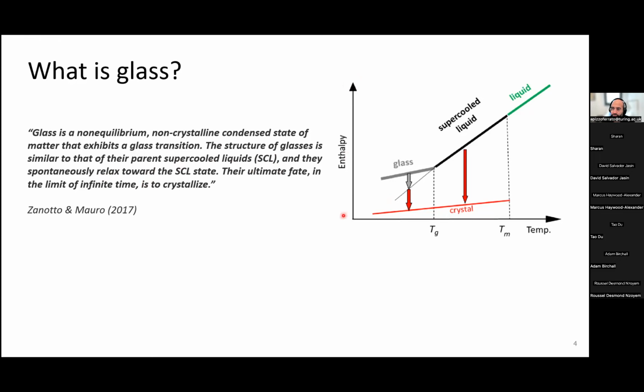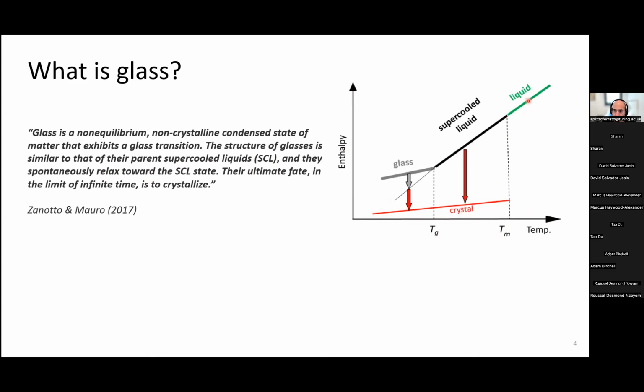So if we try to translate this in terms of enthalpy and temperature, this is a typical diagram to understand glass formation. If I have my raw materials, the typical ones would be sand, soda, and limestone, we heat them up and we form the liquid state. If we cool down this liquid slowly enough, then we get crystallization, a phase transition to the crystalline state.